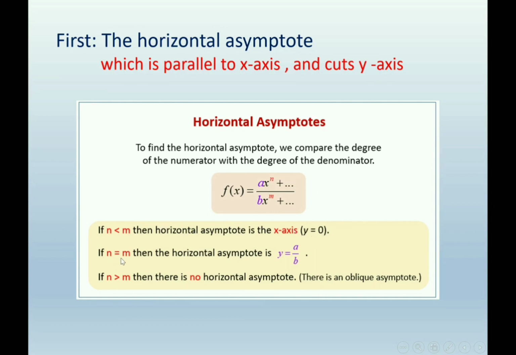And if n equals m, then the horizontal asymptote is y equals a over b, which are the coefficients of the highest power up over the coefficient of the highest power down. The last case is if n is bigger than m, then there is no horizontal asymptote. There is an oblique asymptote.